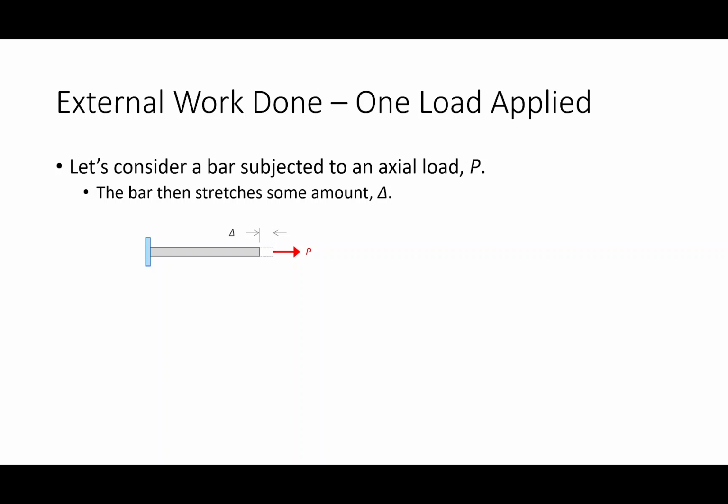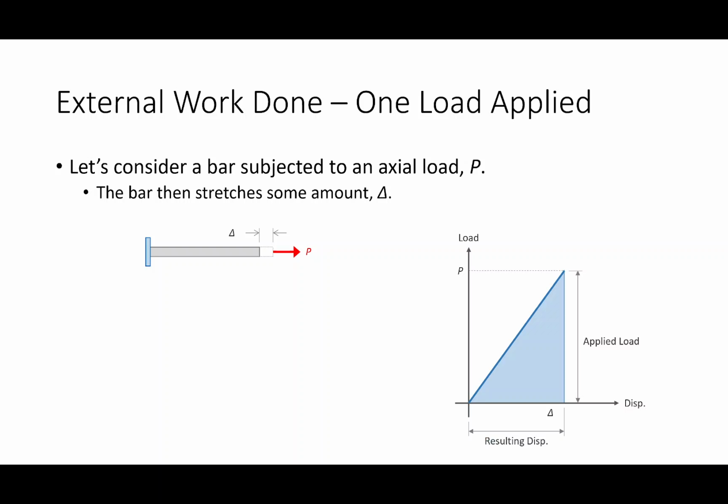Would you agree that if I doubled that load, I would double the delta? Everybody okay with that? So you could chart the comparison between delta and the load like this. As the load increases, the deflection increases. If the load was 0, the deflection was 0.